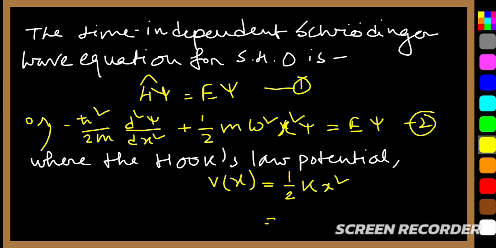You can write half of m omega square x square in its place. So the Hooke's law potential is V of x equal to half of kx square, along with which you can write half of m omega square x square.